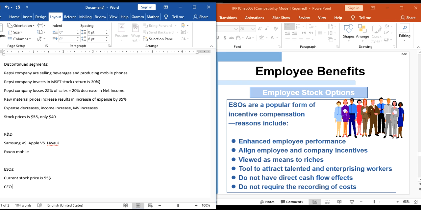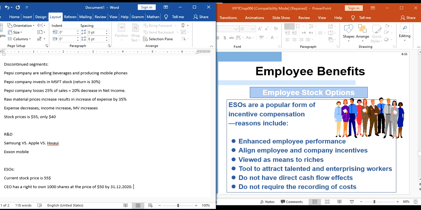The CEO has a right to own 1,000 shares at the price of $50 by 31/12/2020.